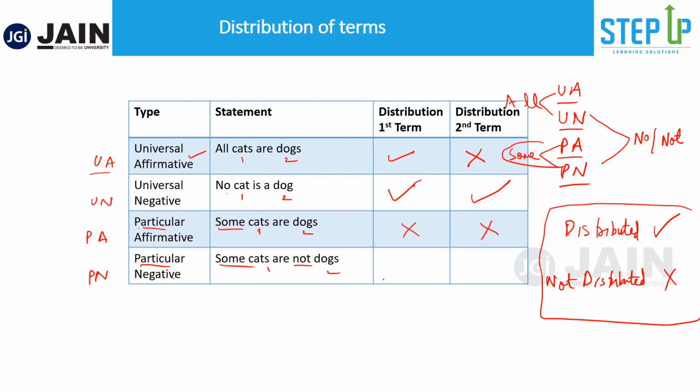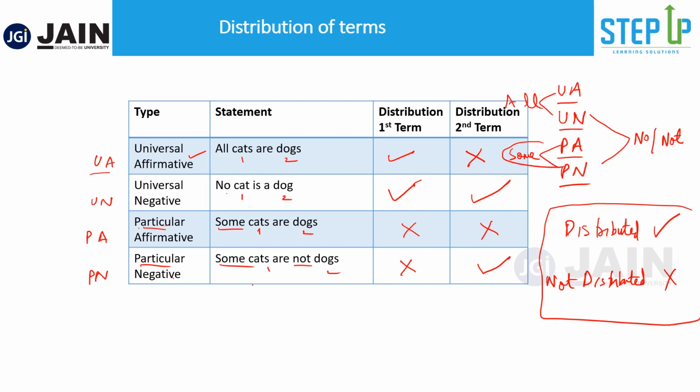While particular negative: always first term not distributed, second term distributed. So that means I have told you 2 steps, right? One is you should be able to identify the types of statements. So every time somebody says any statement, let's say some dogs are not bats, you will say "some" is particular and "not", so particular negative.